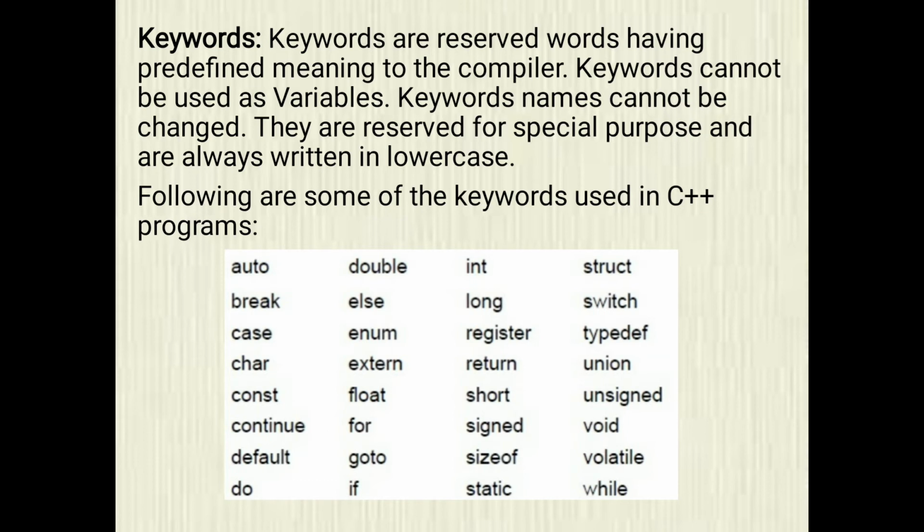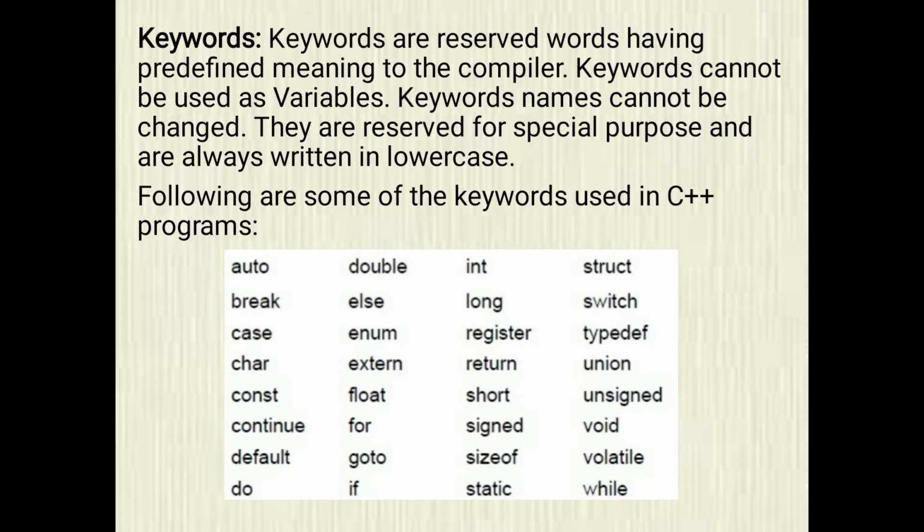If you see the table below, I have listed out some keywords such as const, int. So you cannot change int to integer or intgr. That will create a compiler error. And you cannot change const to constant. So these keywords cannot be used as variable names, because variable names are user defined.